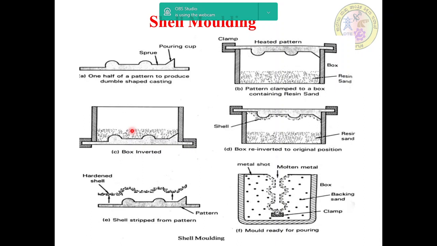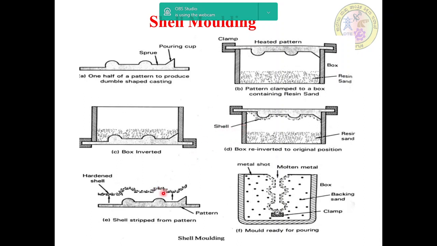Now the thin layer or shell of sand is formed on the pattern in about 30 seconds. A shell is formed around this pattern. Afterwards you can remove this one, and the shell along with the pattern is cured in an oven at about 300 degrees centigrade for 2 to 3 minutes to make the shell strong.